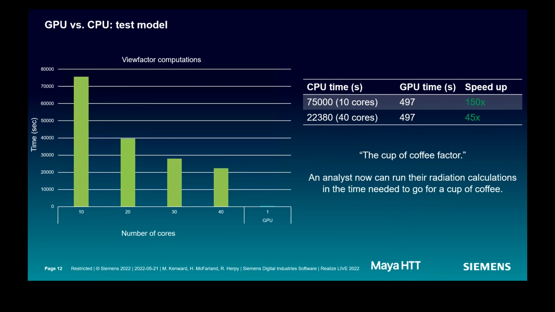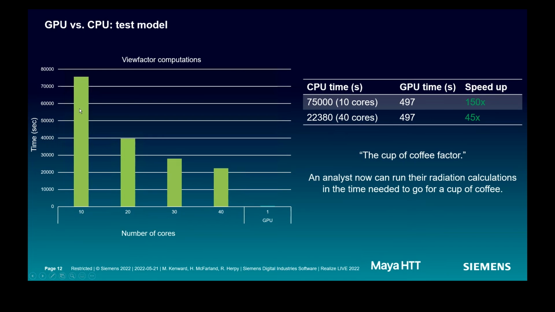So to give you a flavor of what we've achieved with this new GPU technology, we've taken an in-house test model, which was actually a headlamp, but not a customer-facing test model. And historically, what we've seen with the CPU implementations is that it's taken a very long time to do these calculations.